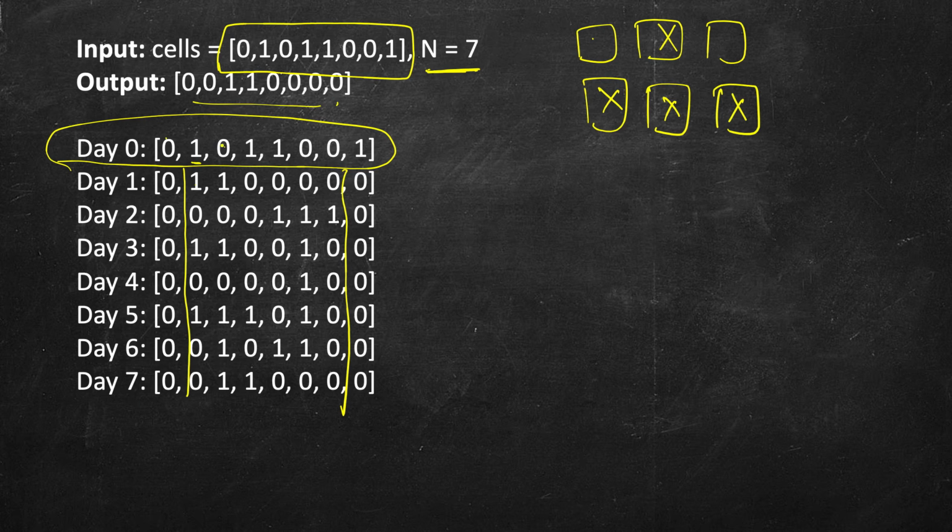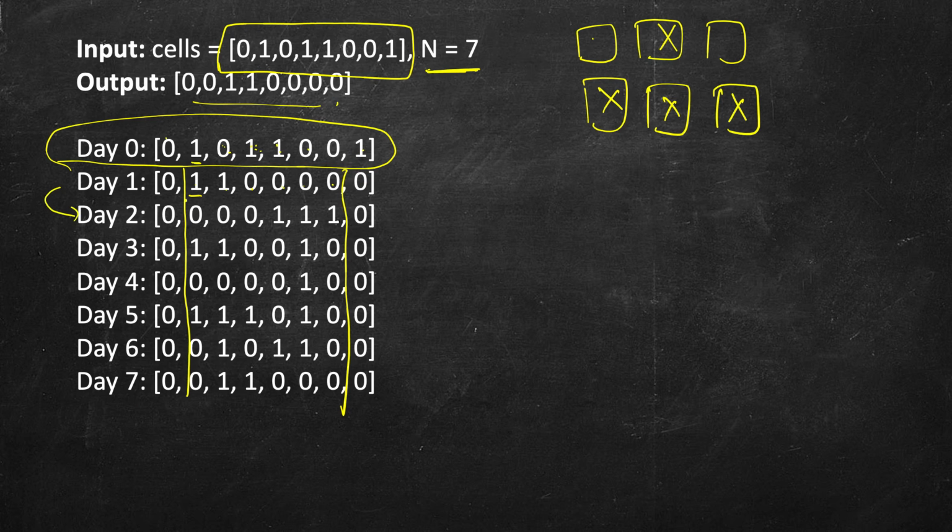So for this, both are unoccupied, so it will be occupied. Next, for this one, both are occupied, so it will become occupied. For this one, one is occupied, one is unoccupied, so it will become 0. 0 means unoccupied. Similarly for this, only one is occupied, so it's 0. Here again, same thing, 0. Here again, only one neighbor is occupied, so 0. And this has just one neighbor, so it will automatically become 0.